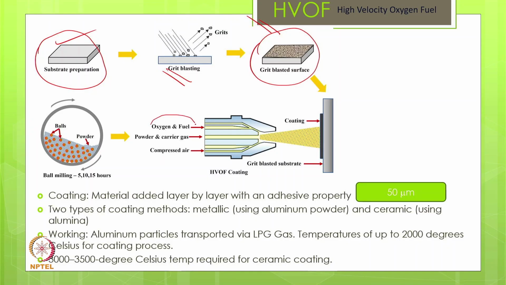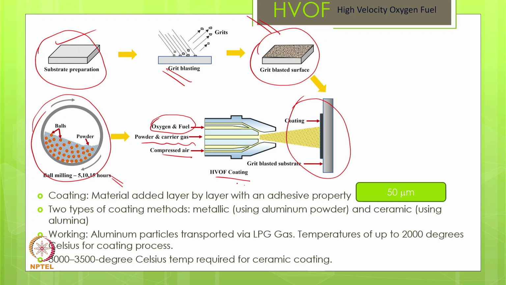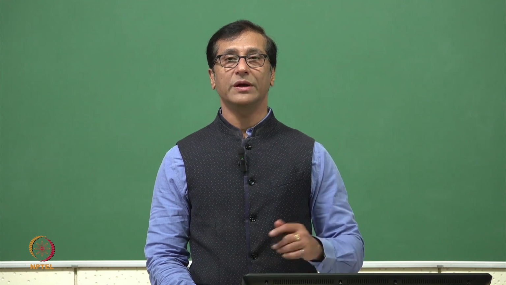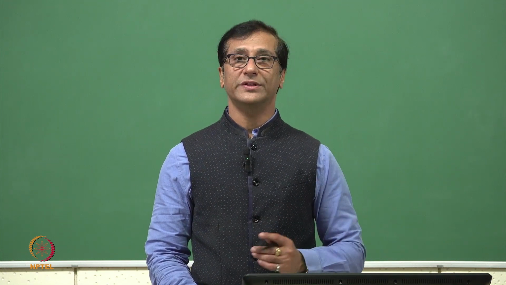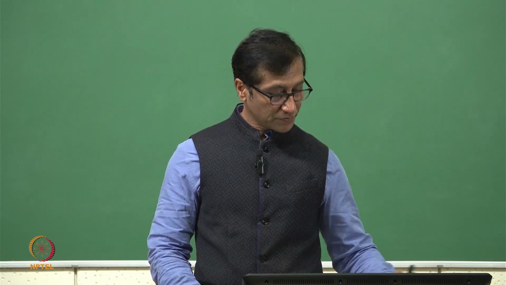Here we are sending oxygen and fuel, and then powder, which we make in a ball mill, running it for different hours, and compressed gas, and finally we get this kind of coating. As mentioned, in our lab we get up to 50 micron in one go. If we want 100 micron, 150 micron, then we need to go for reciprocating motion also.